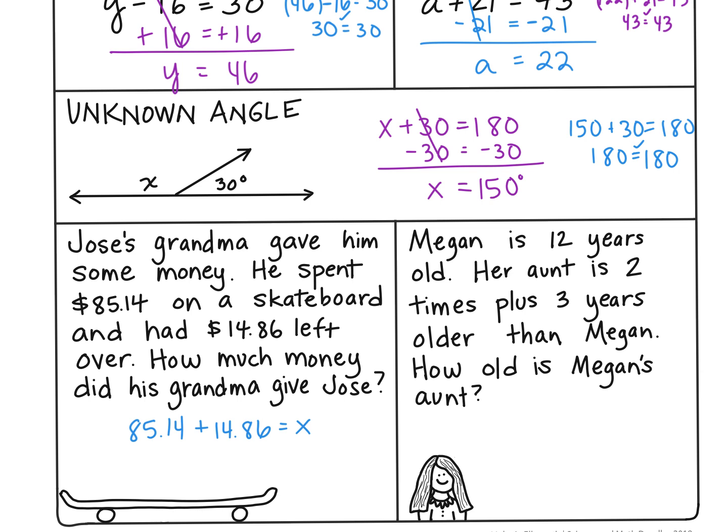Okay, is there anything that I need to do other than just add what's on the left side of my equal sign? Look at that carefully. Is this a tricky problem? No, it is a very straightforward, simple problem. Don't let things trick you up. All I'm doing is adding 85.14 plus 14.86. I'm just going to add those together.